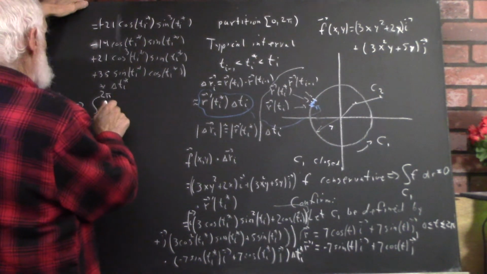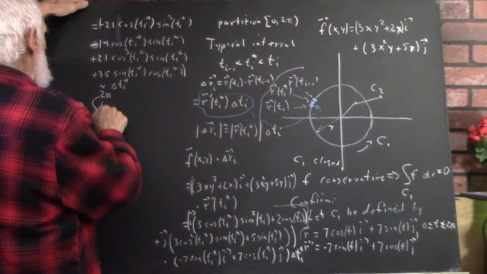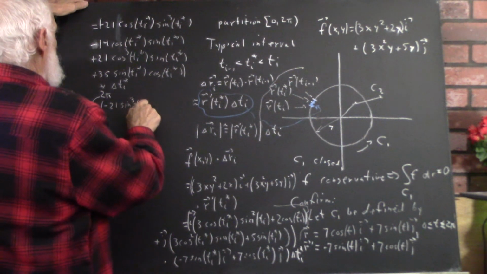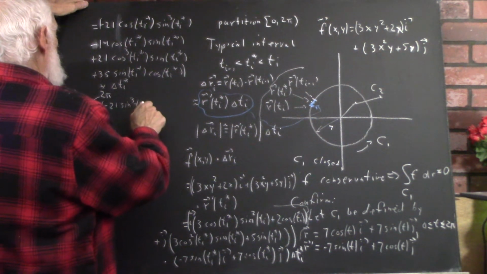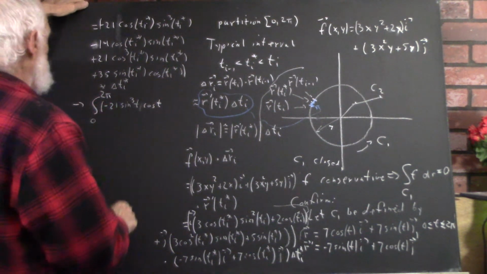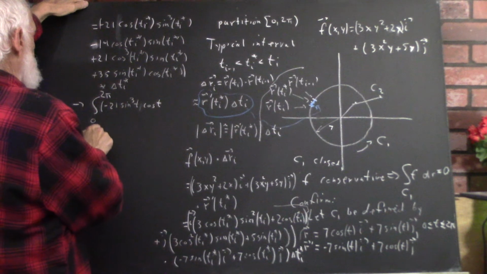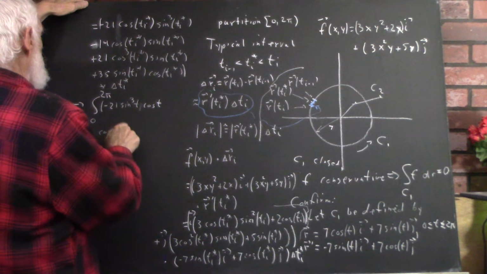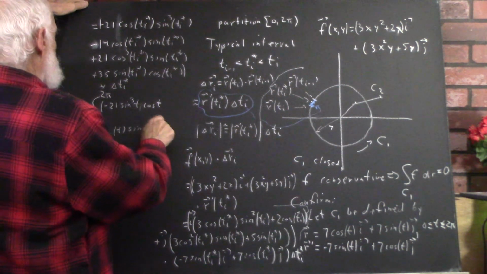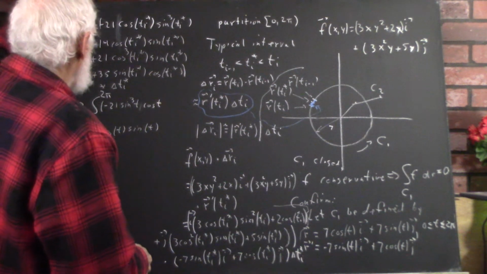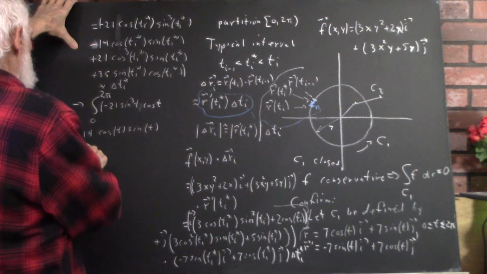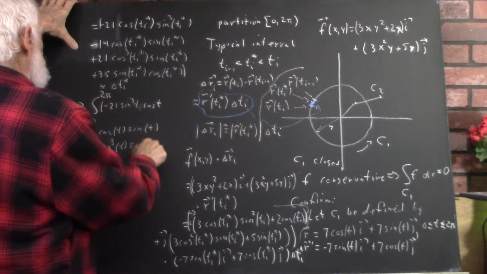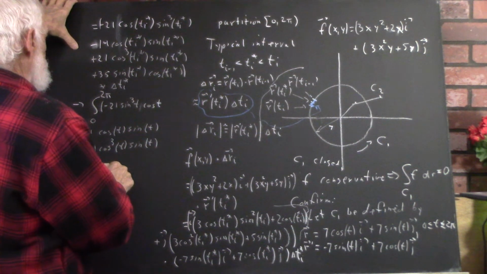This is going to give us negative 21, I'm going to write it sine cubed of t cosine of t, and then it's negative 14, I'll write it cosine of t sine of t, it's arbitrary which order we use, and then it's going to be plus 21 cosine cubed of t sine of t, and so far, yeah, everything's working out.